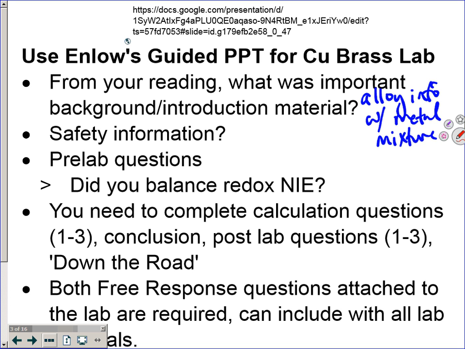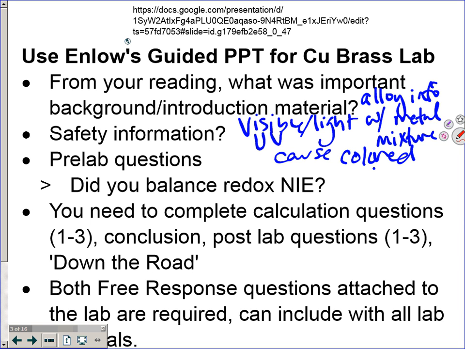The visible and ultraviolet light. Okay, so the visible light, and that's what we actually are using, visible UV. With the Spec 20s, we're shining light at these things, and they're causing certain colors to appear because of electronic excitations, which is based on the electron configuration. So visible and UV light cause, I'm going to say, colored compounds to be visible.